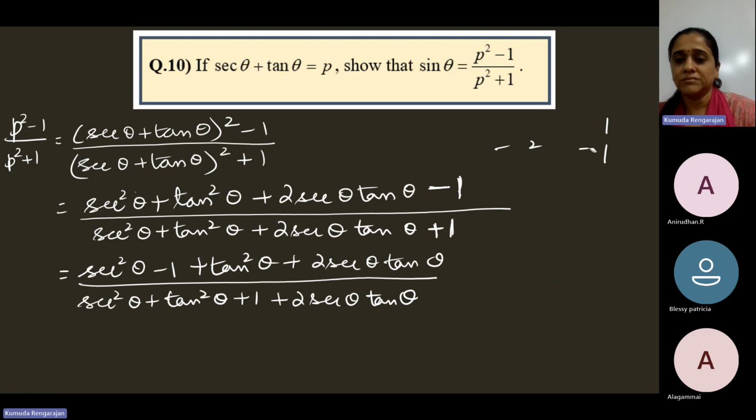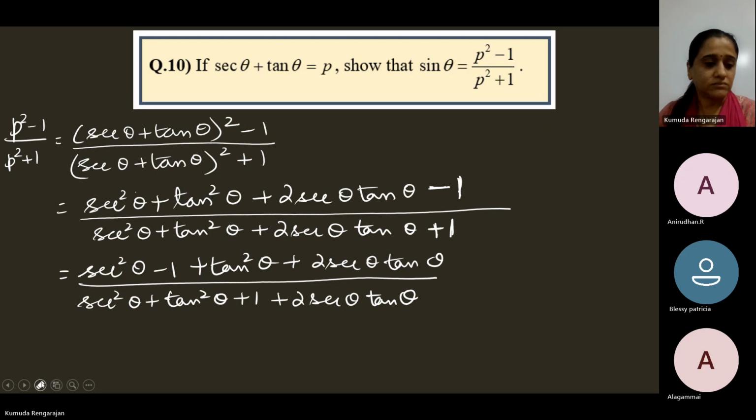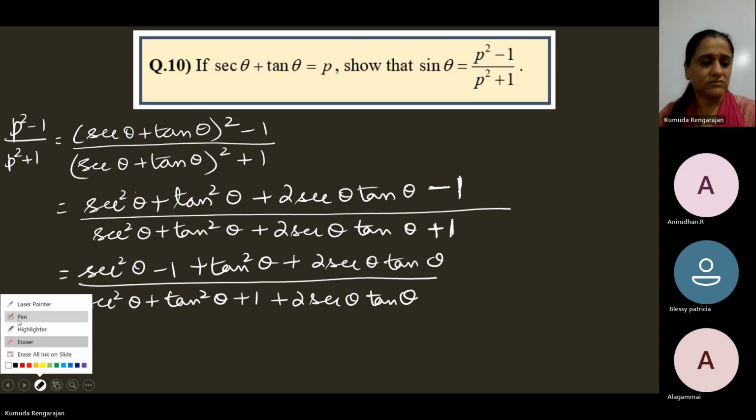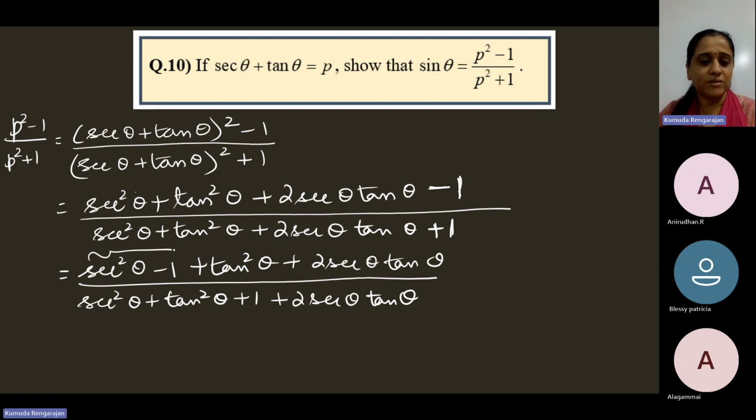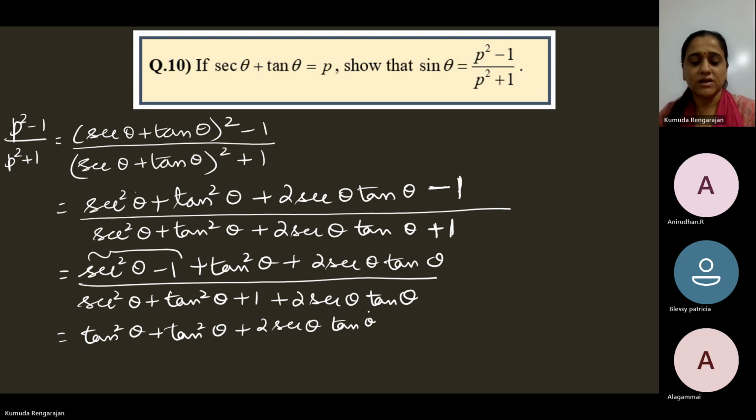Okay, so now secant square theta minus 1 is tan square theta, and plus tan square theta plus 2 secant theta tan theta, divided by, here, tan square theta plus 1.